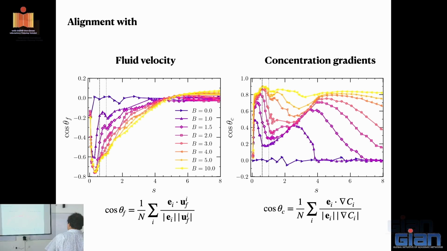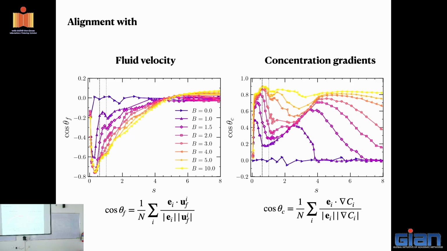Then I would like to know what further is happening. So I will again look at a very simple observable: the direction of these active particles with respect to the local flow velocity. First I wanted to know what kind of flow region they are exploring, and I got to know that they are exploring the low flow velocity regions. Now I would like to see how they are oriented with respect to that local flow. I can simply take the dot product of the orientation with the local flow velocity, as simple as that, and average it.